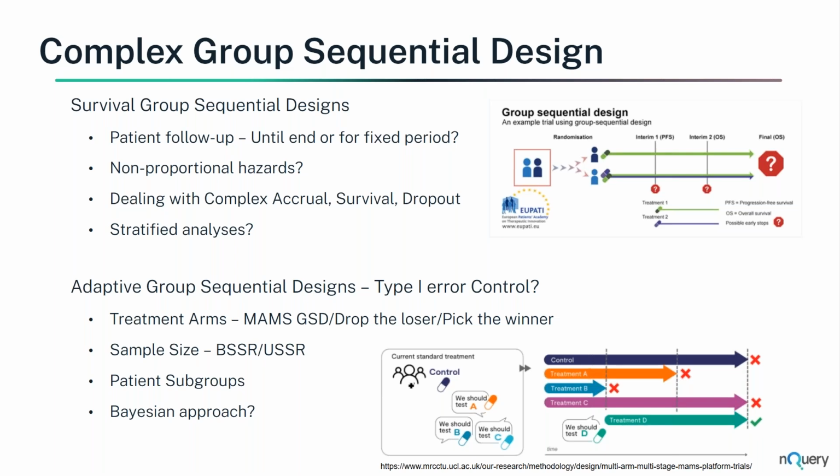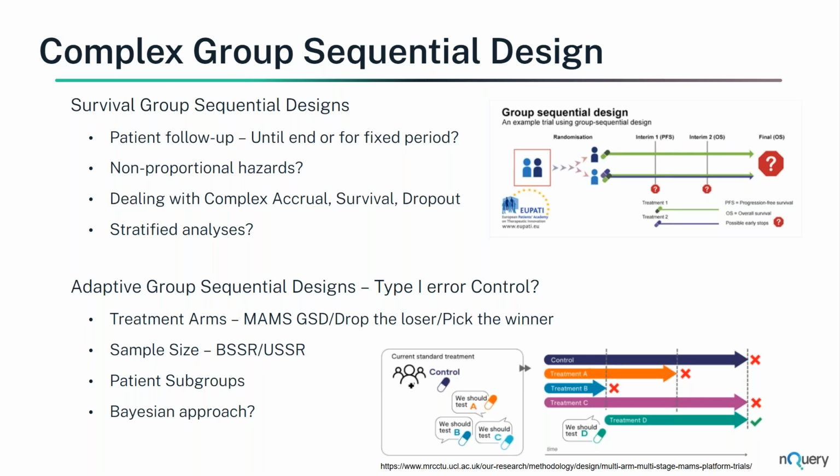Just to touch then on the second point here, another type of complex group sequential design is adaptive group sequential design. Anytime you mention adaptive, things kind of get a bit tricky. In these trials, there are some aspects of the trial that you can modify while it's going on. As mentioned before, you can have MAMS, the multi-arm, multi-stage design, with group sequential design.